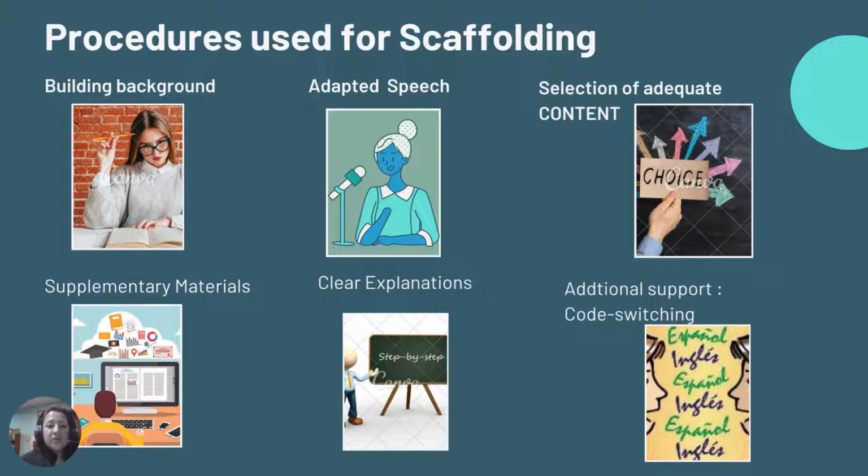The use of supplementary materials helps students make connections through visual materials and all that might be presented for them to make input comprehensible. Also, it is necessary for the teacher to adapt her speech in order to help students understand the target language. And this cannot be done unless the teacher provides very clear and detailed explanations.